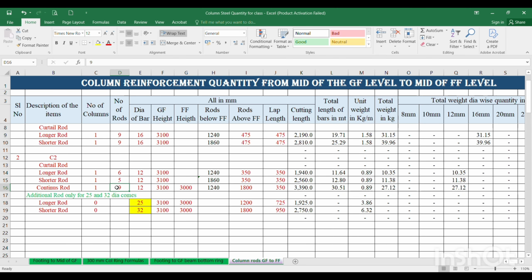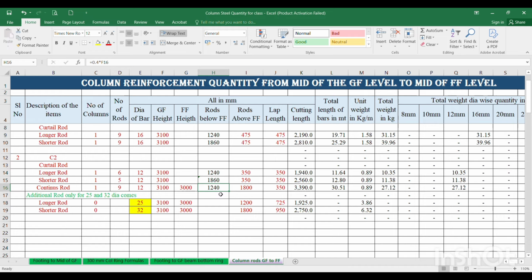So total 9 rods are there, column only 1 is there, total number of rods is 9, dia is 12, and ground floor height is 3100 mm. And the first floor height, since this rod is going to the first floor, needs to be entered over here.